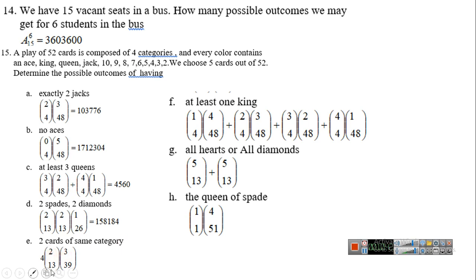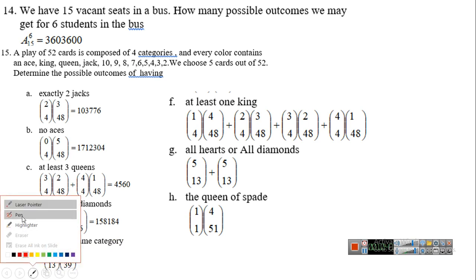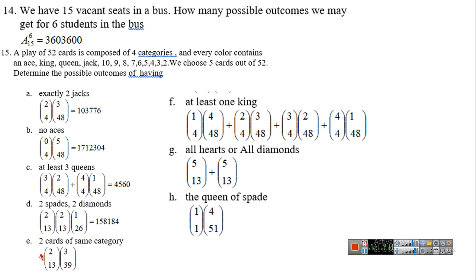So it's 2 out of 13, and the rest can be 3 out of 39. Why times 4? Because it can be either 2 hearts or 2 spades, or 2 clubs, or 2 diamonds. So I did it as 4.